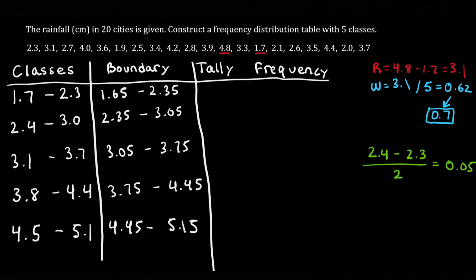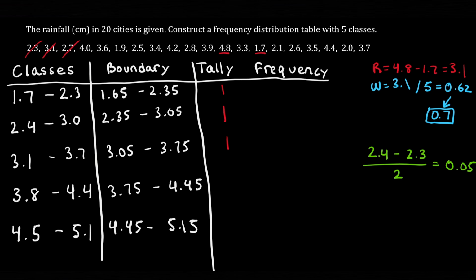Next, we want to tally up where each observation falls within each class. So our first observation is 2.3, which falls into the first class. Then 3.1 falls into the third class. Then 2.7 falls into the second class.